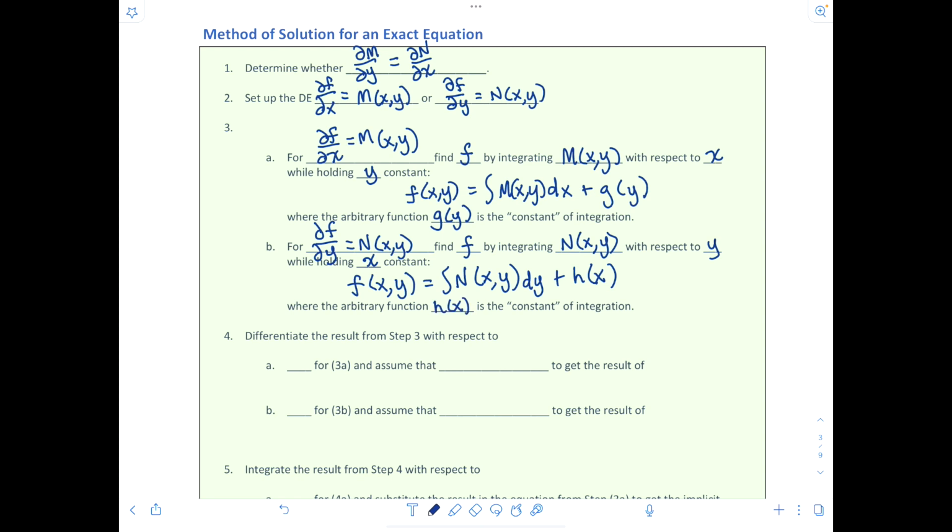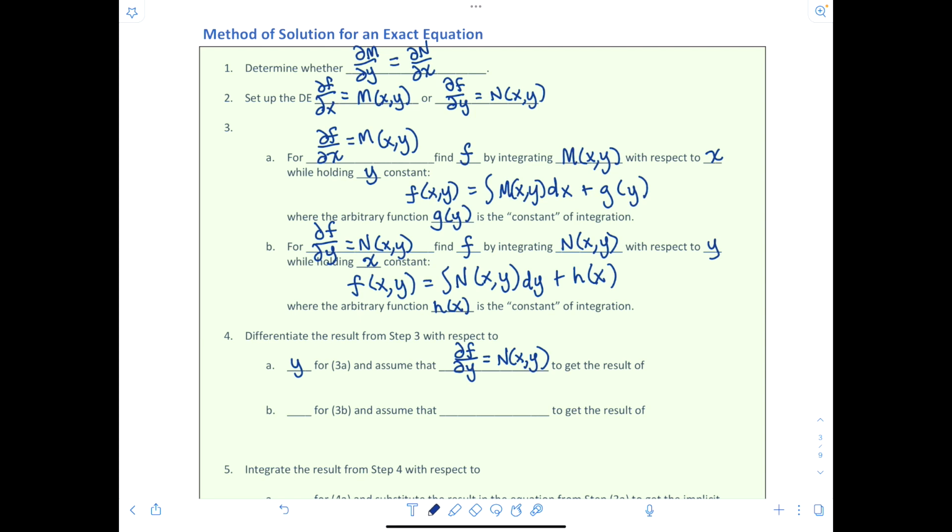So h at x is your constant of integration. Groovy? Okay, then you differentiate your result from this last step with respect to y for the way we set it up in 3a when we held y constant, and we assume that the first partial of f with respect to y is equal to n at x and y. You differentiate your result.